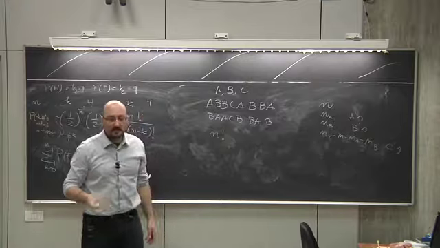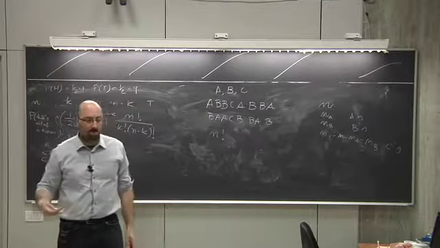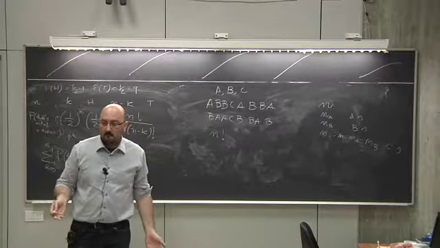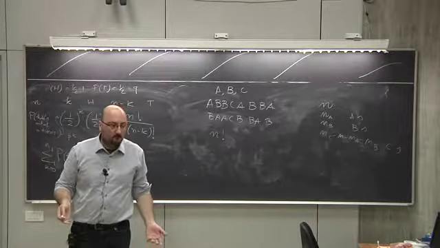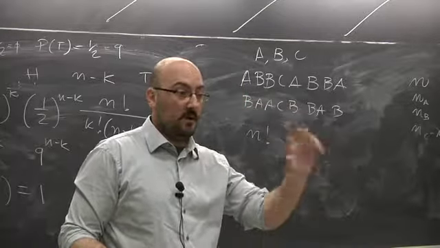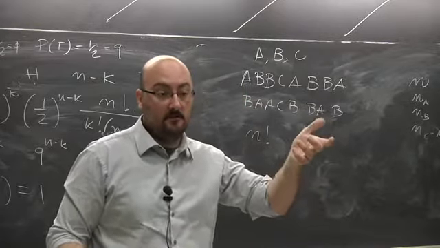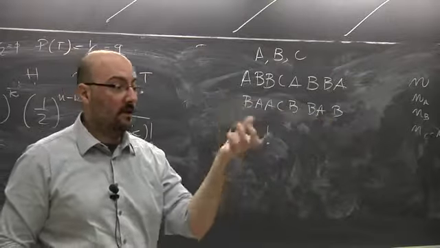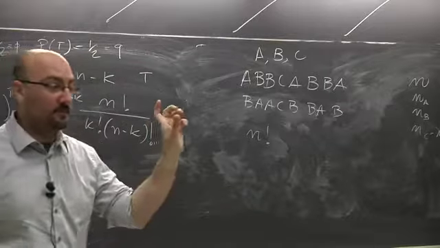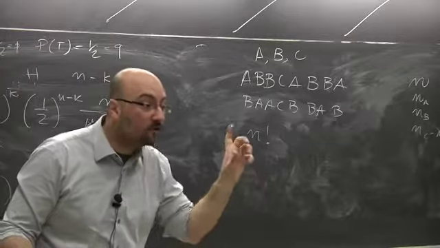But not all the strings that I generate in this way will be new strings. Why? Yes, I have the possibility of picking 2 A's and permuting them and not changing the string. Or 2 B's and permuting them, not changing the string. Or 2 C's.